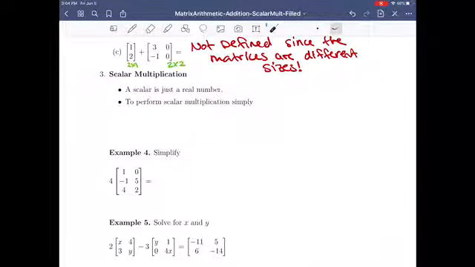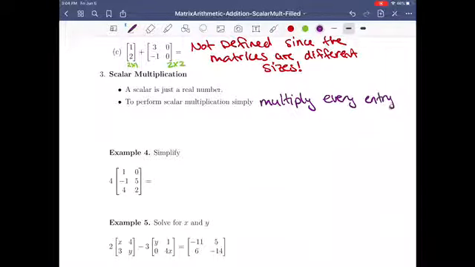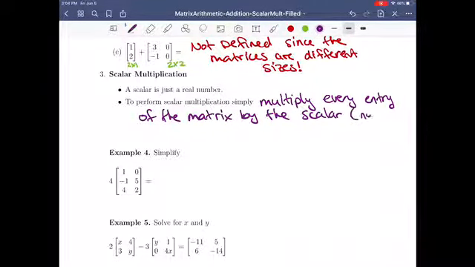When we perform scalar multiplication, we simply multiply every entry of the matrix by the scalar, or the number. Maybe I'll put a note here: this operation is always defined. If we want to multiply by a number, we can always do that.